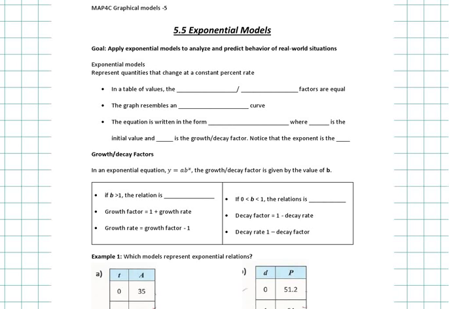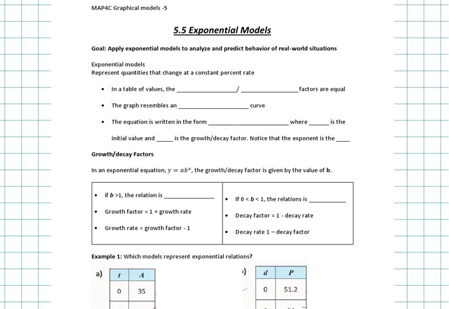Okay, so in the table of values, let's just take this one. Exponential models represent quantities that change at a constant percent or rate, right? So if we're doubling every single time, that's a constant change. Tripling, or halving, or changing at 5%, we're changing by the same percentage.